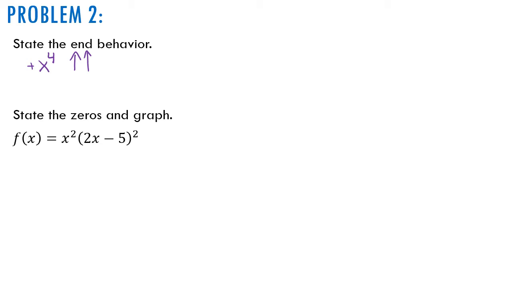What my equation really looks like is f of x equals x times x, because of the x squared, there are 2 of those, and then 2x minus 5, 2x minus 5, because once again, the exponent tells me there are 2 of them. I use the zero product property, and I set each one equal to 0.